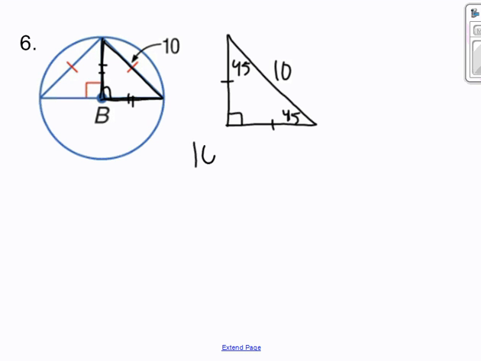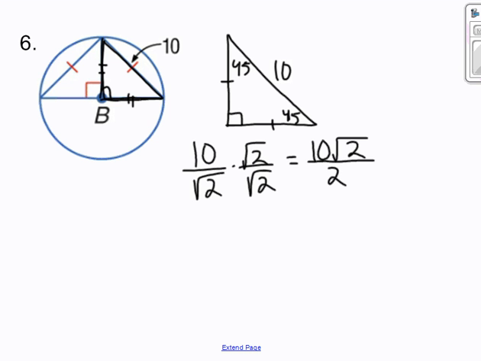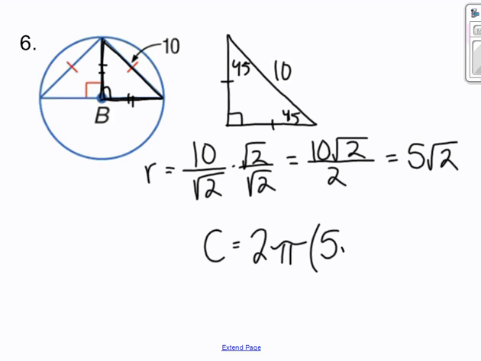When you rationalize, you multiply by the weird looking 1, you get 10 radical 2 over 2, which reduces to 5 radical 2. So that's what my radius is. To find my circumference, I take 2 pi times the radius, 5 radical 2, type that in my calculator, and I get 44.4 units.